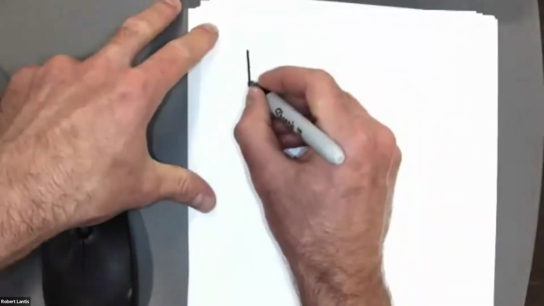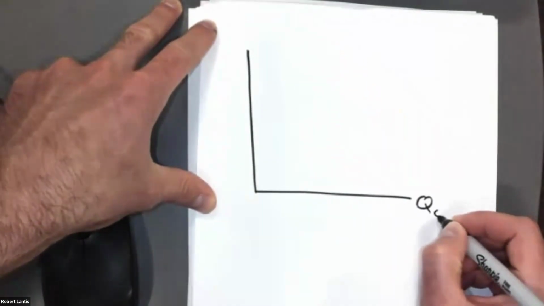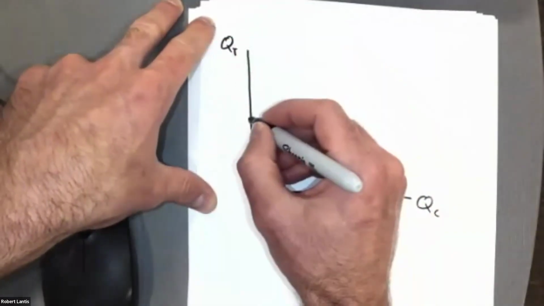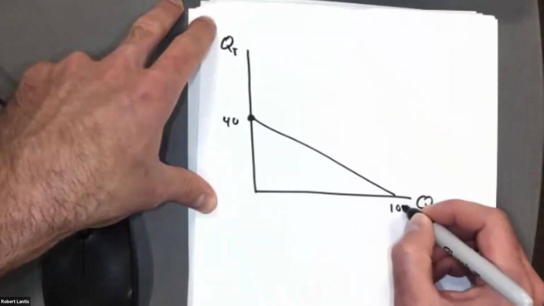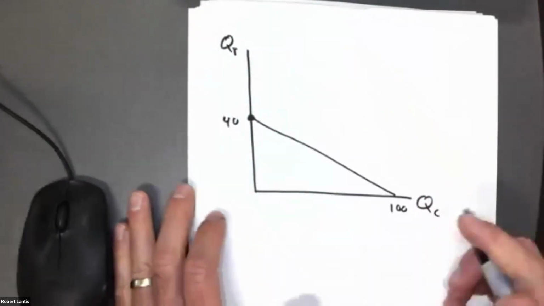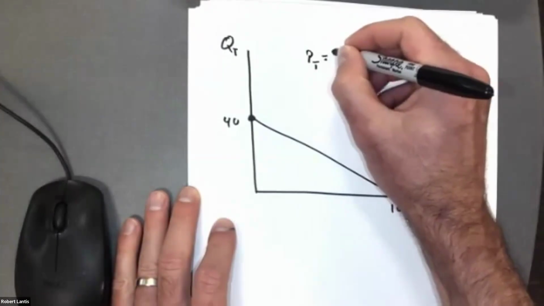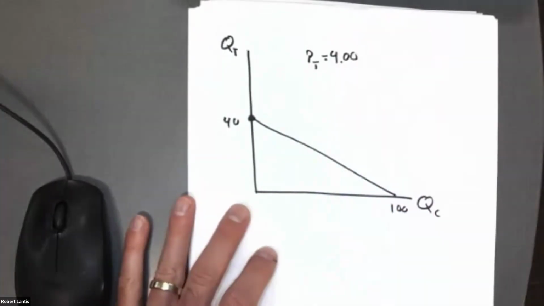Well, remember, when we have these two goods, and it goes from 40 to 100. Excuse me, and I think I told you the price of tea was $4. Okay.